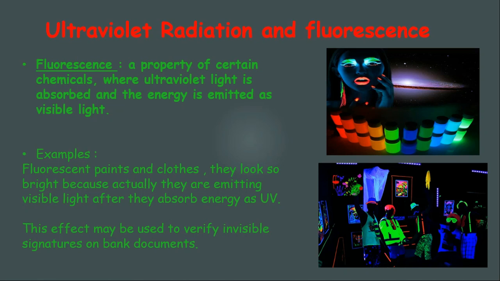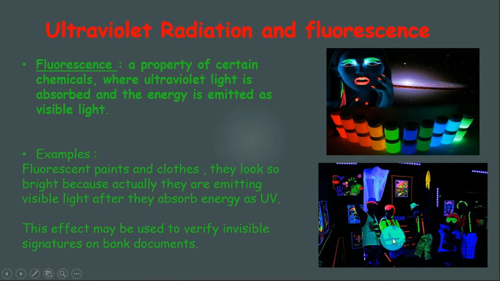But what I want you to understand is only this part: a property of certain chemicals that absorb ultraviolet light, become excited, and release the energy as visible light. That's why we can see them in the dark. Examples are fluorescent paints and clothes.